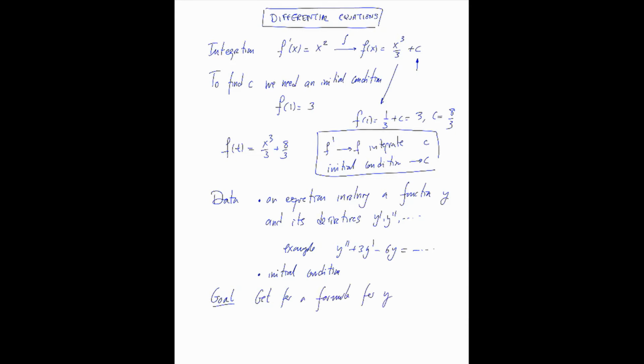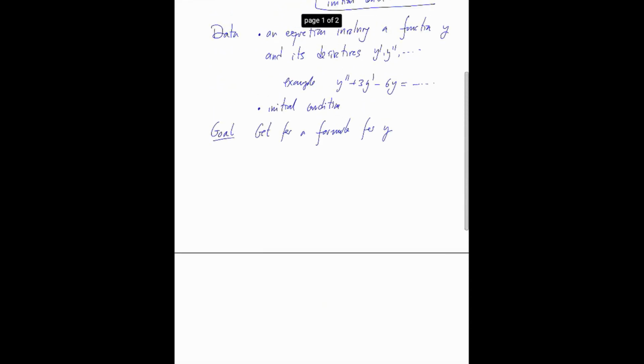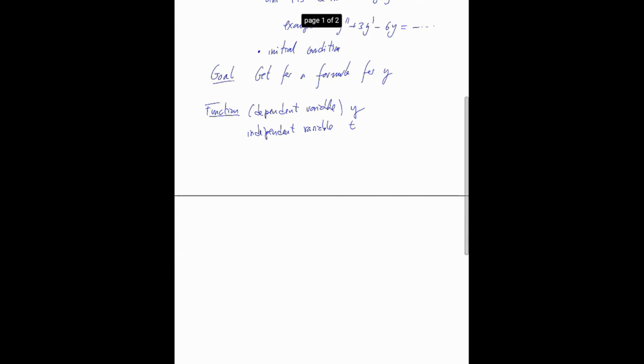So let me set a few things we need in order to continue. From now onwards, not always, but most of the time, the function, or the dependent variable, is going to be y, and the independent variable is going to be t for time, because it's quite standard to consider t as a parameter.